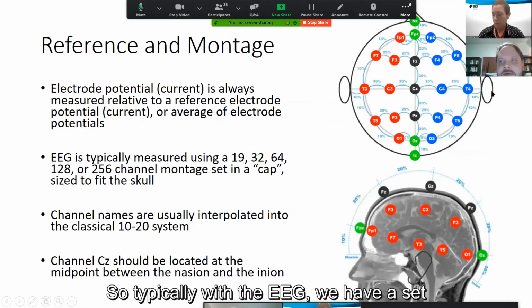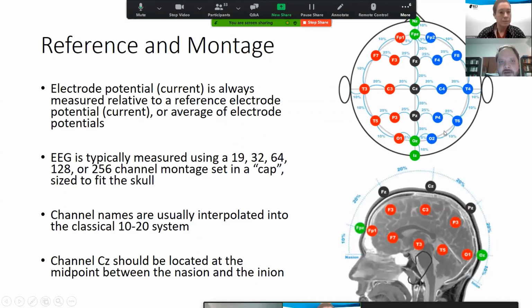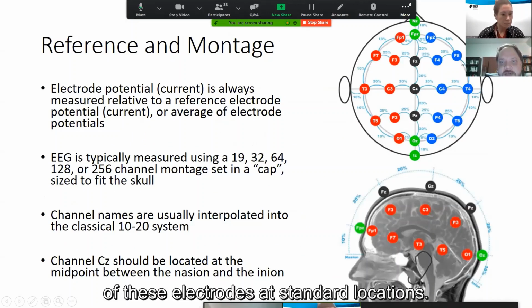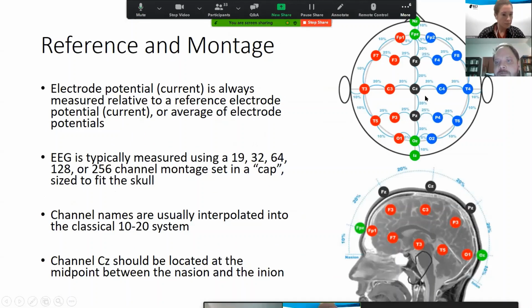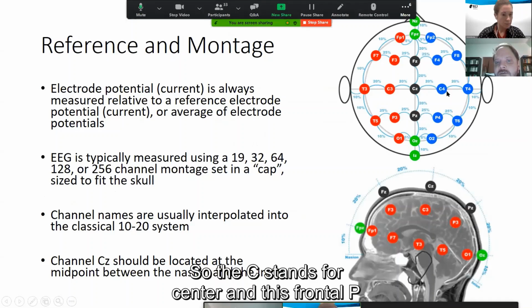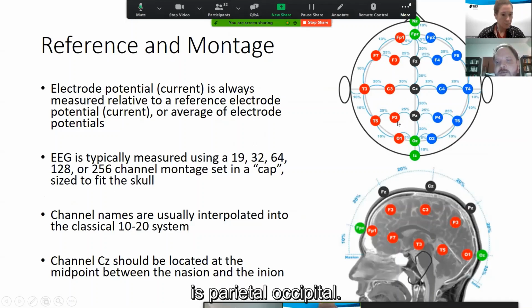So typically with EEG, we have a set of these electrodes at standard locations. The C stands for center, F is frontal, P is parietal, O is occipital.